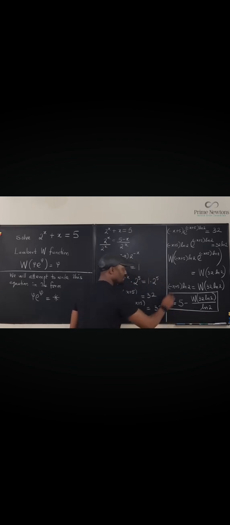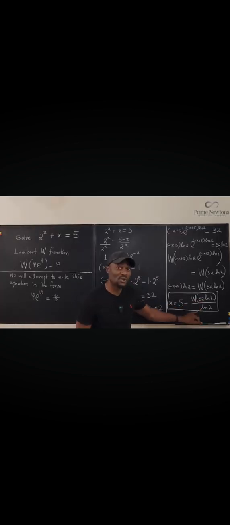Okay, now I've told you before, you can leave your answer like this, or you can plug in this value, 32 ln 2, into a product log calculator, and you get an answer like this. And then you can divide that by the natural log of 2, and guess what your ultimate answer is going to be?